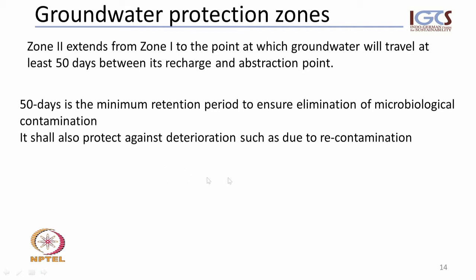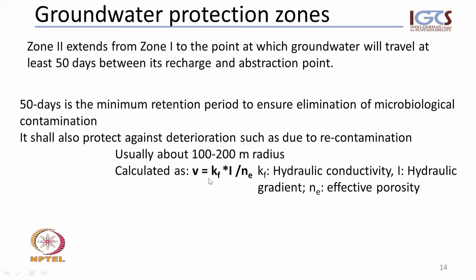It also shall protect against deterioration such as recontamination, return flows, for instance, taking or repolluting water while it travels through our aquifer system to the abstraction point. There's a usual thumb rule of 100 to 200 meters of radius, whereas you have seen it's not a circle itself.